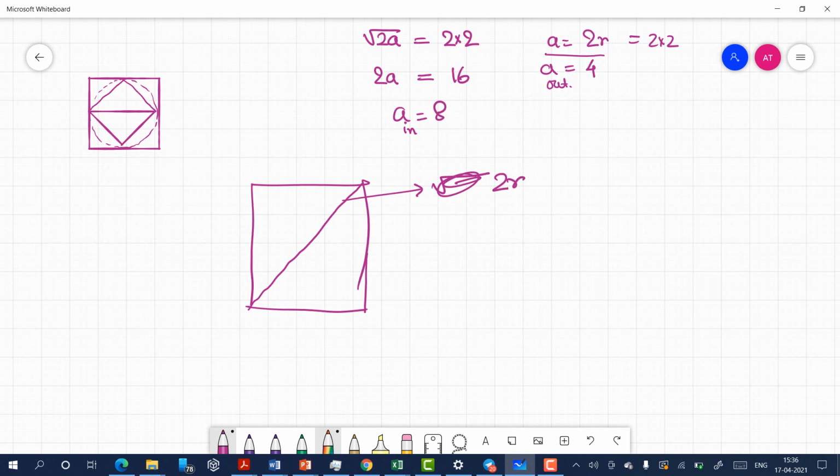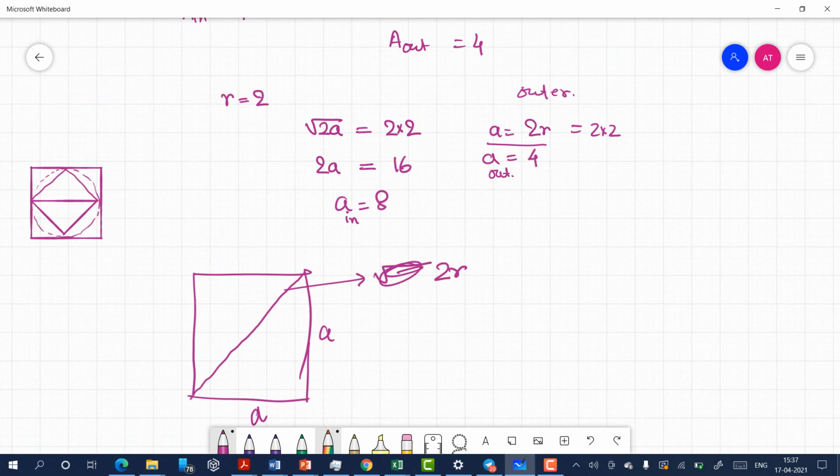This is a square, so this side is a, this side is a, so that side will be simply square root of a squared plus a squared. Oh, that is the problem. I was writing root 2a, it is actually a root 2 I should have written. Okay, so that is the problem.